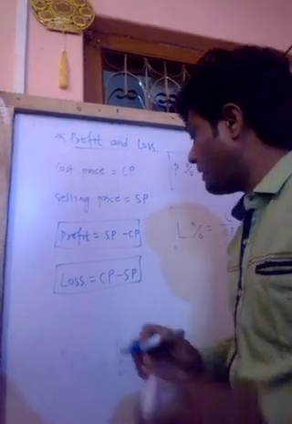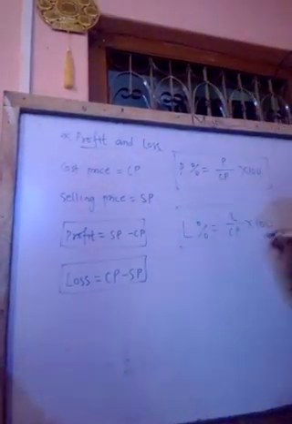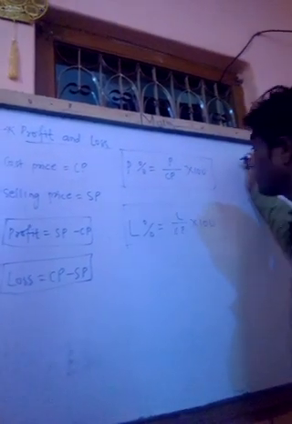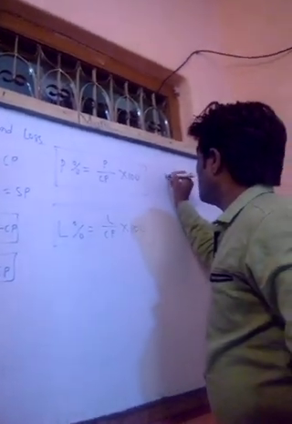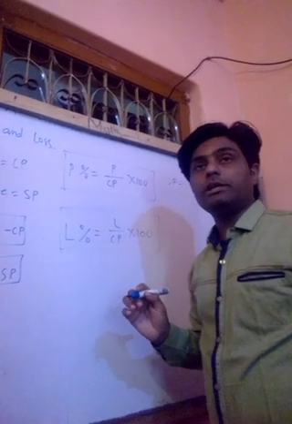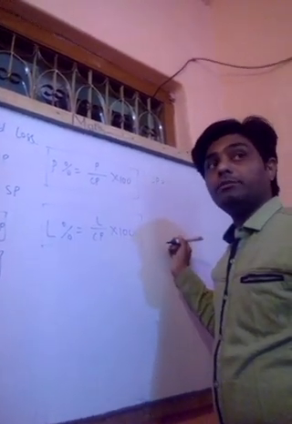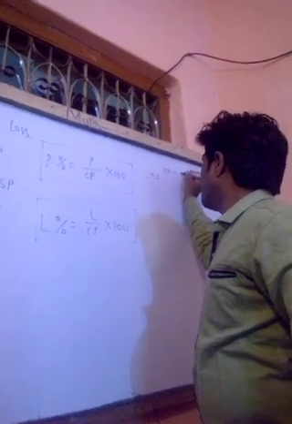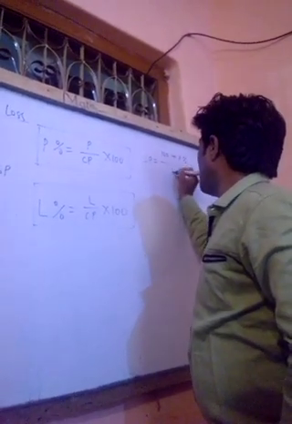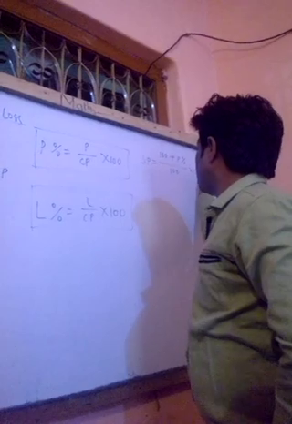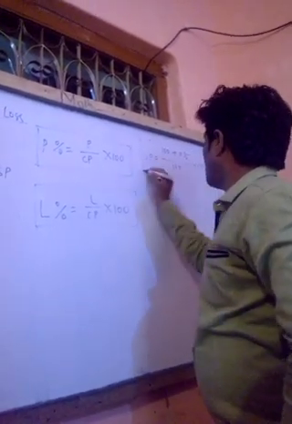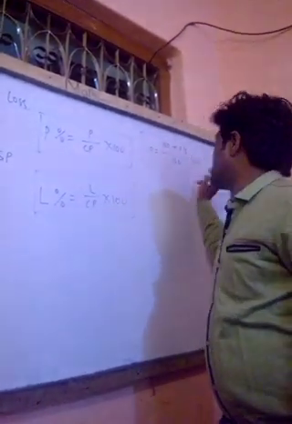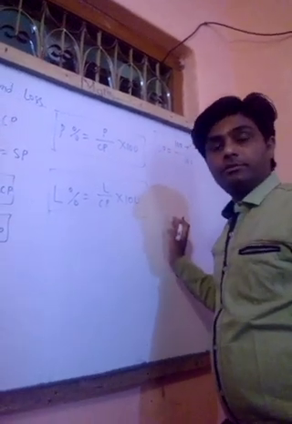We have the formulas. I will find SP if I know two things, CP and profit percent. The formula will be 100 plus profit percent upon 100 into CP.